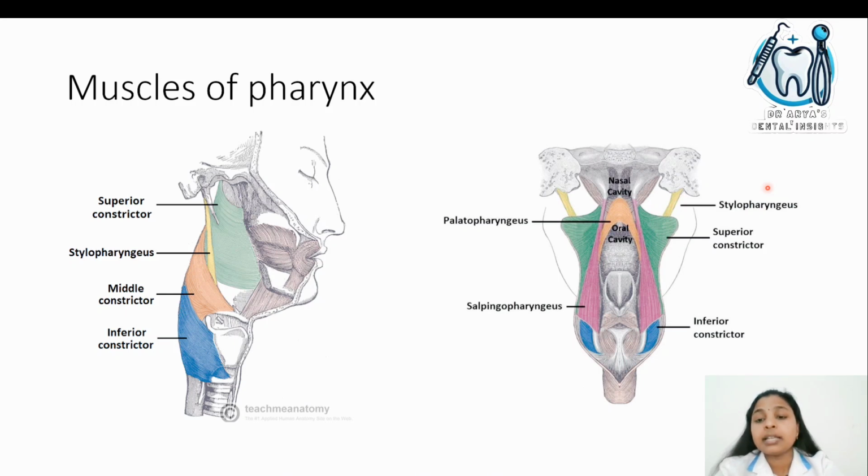All the muscles of pharynx except stylopharyngeus are innervated by the vagus nerve. But stylopharyngeus is innervated by glossopharyngeal nerve. So salpingopharyngeus and palatopharyngeus are innervated by vagus nerve and stylopharyngeus is innervated by glossopharyngeal nerve.